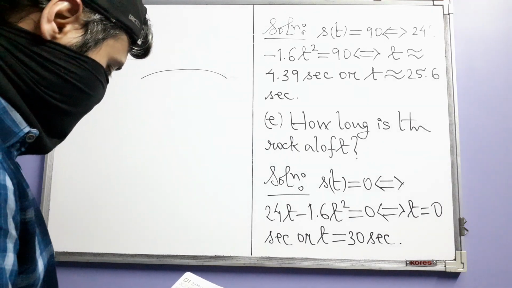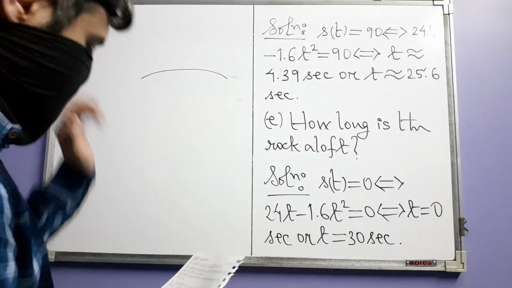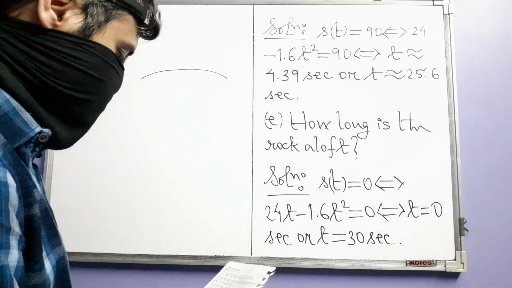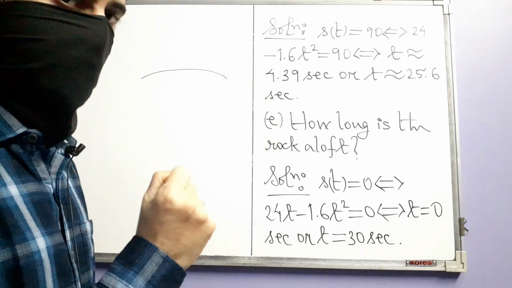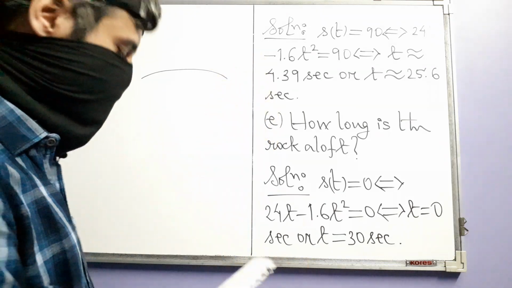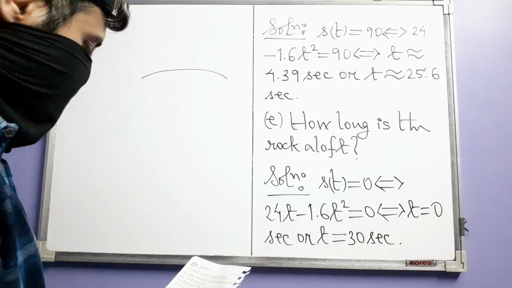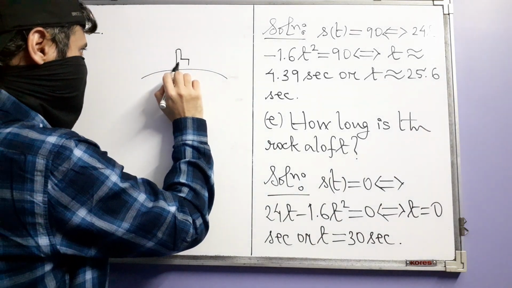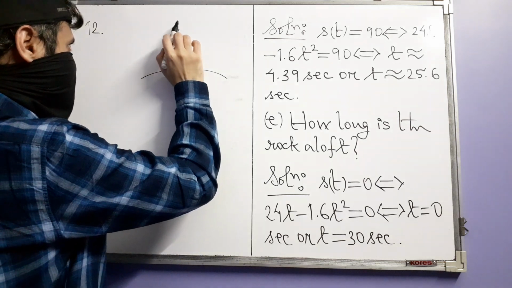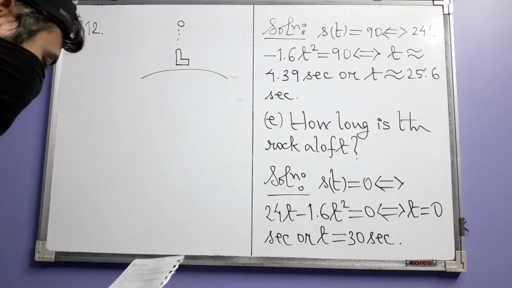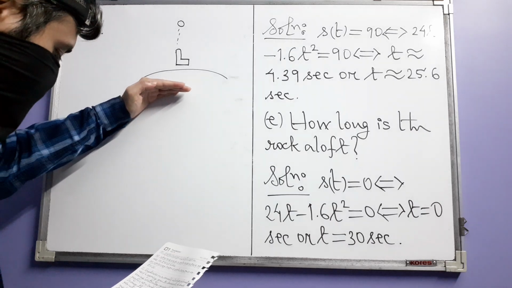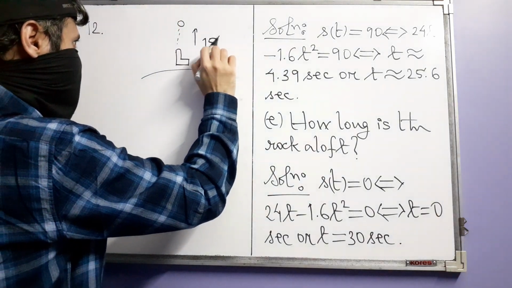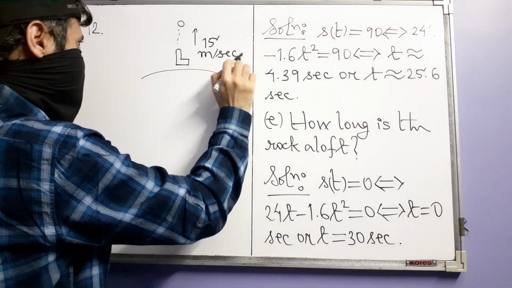So what happens is that explorers are there and they have used a spring gun which uses spring to launch a ball bearing vertically upwards. So here you have the spring gun, whatever it is, and a ball bearing has been launched vertically upwards from the surface at a launch velocity of 15 meter per second.